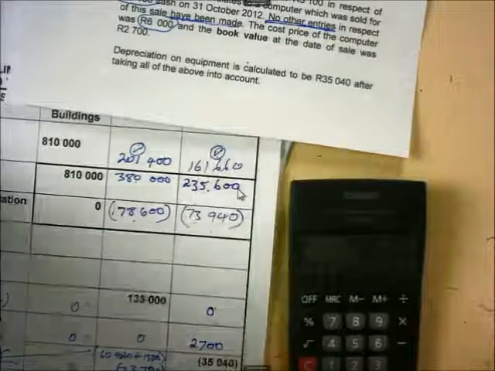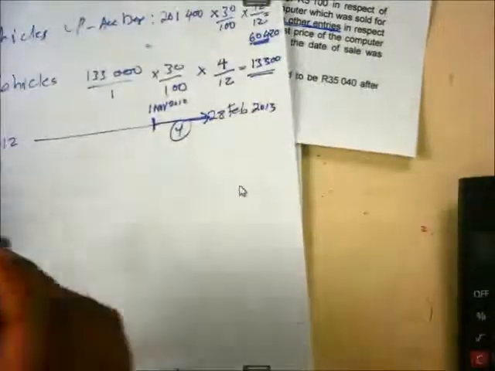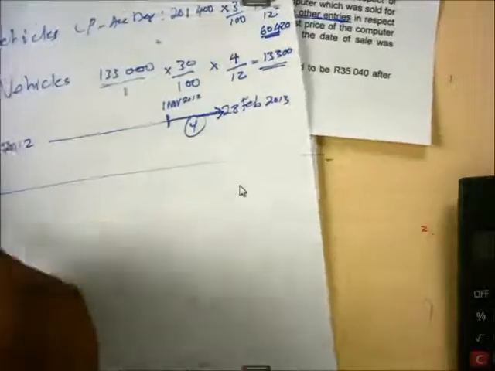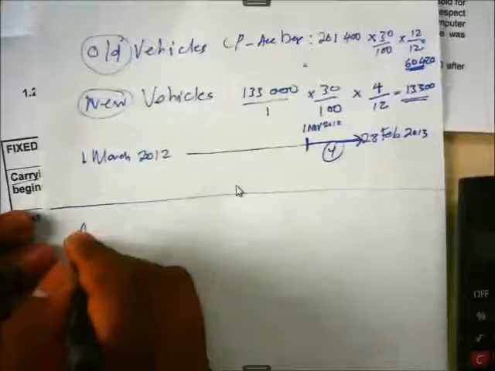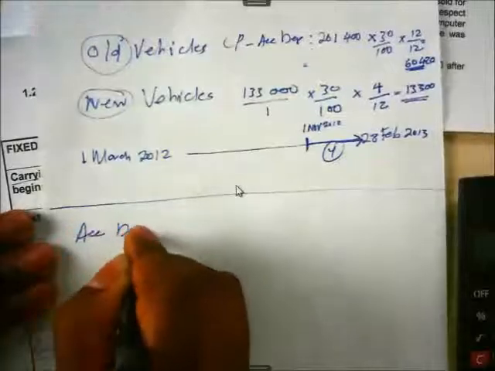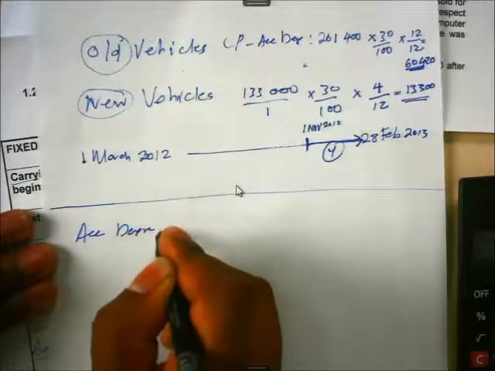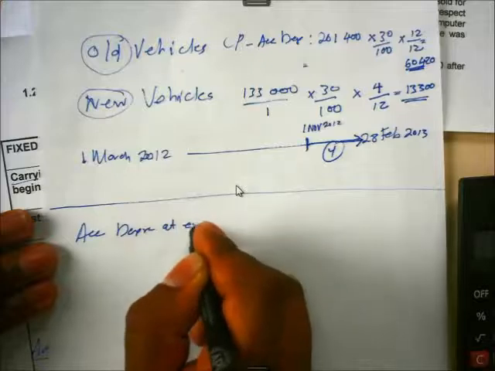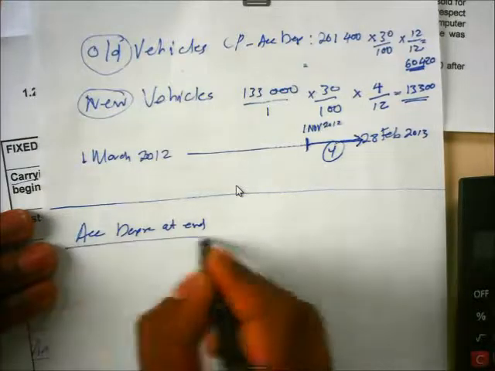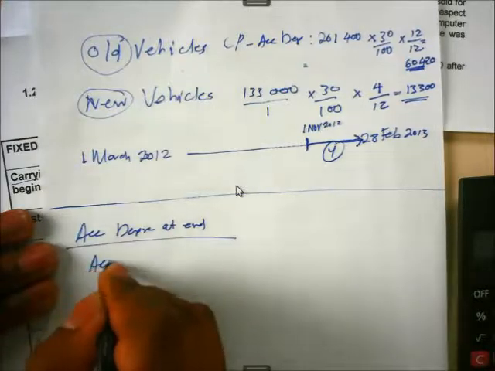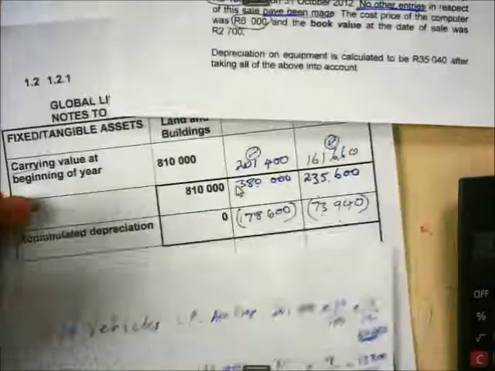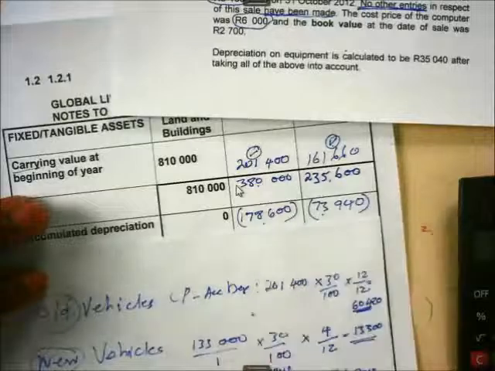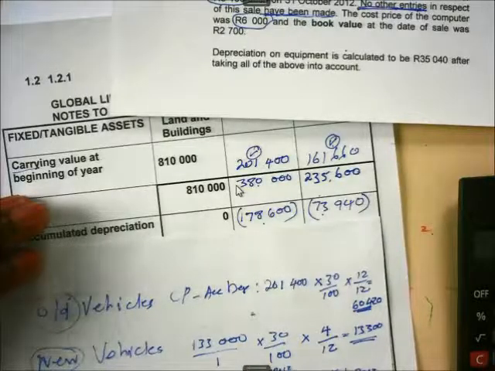Now, let me do it properly. We want accumulated depreciation at end of the year. It would be accumulated at beginning, which is how much? 178,600.